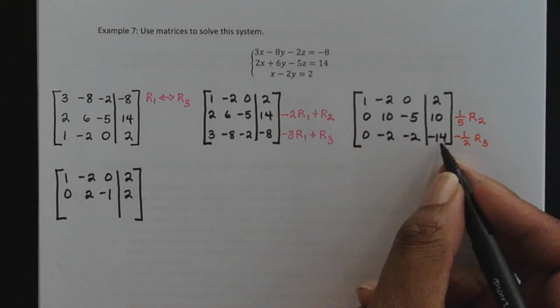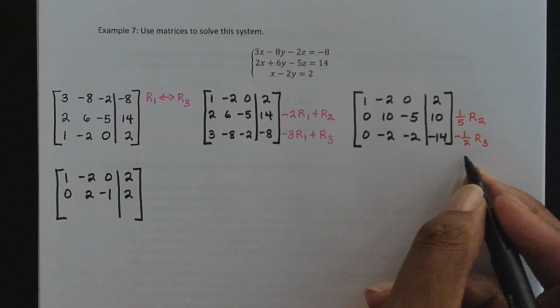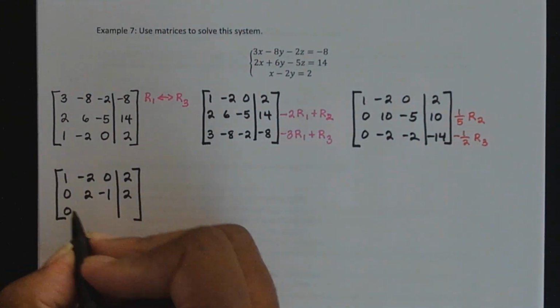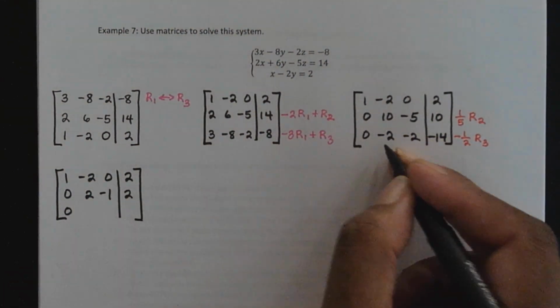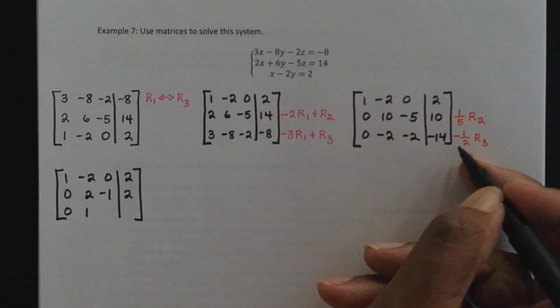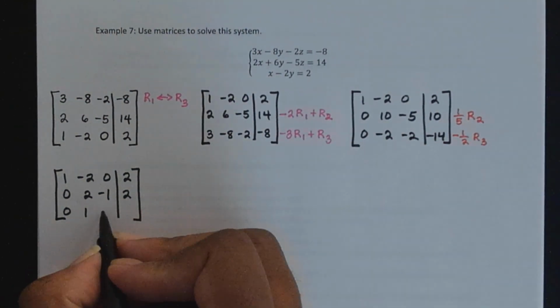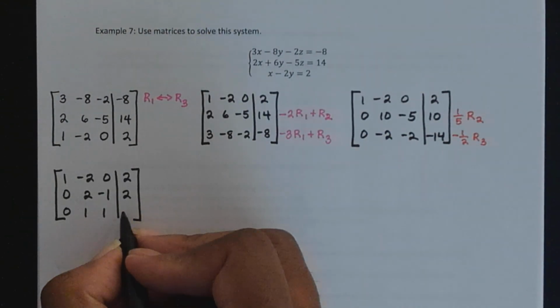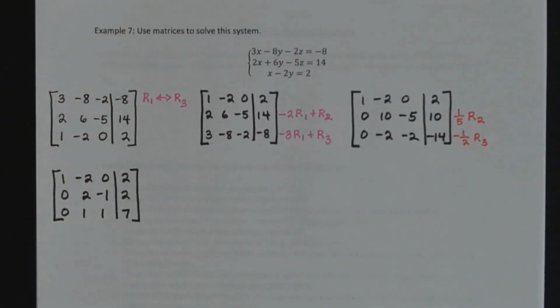Now for the third row, I'm going to multiply each element by negative 1/2. So negative 1/2 times 0 is 0. Negative 1/2 times 2, that's just going to be a positive 1. And then negative 1/2 times negative 2, again, that will be 1. And then negative 1/2 times negative 14, that would be 7.